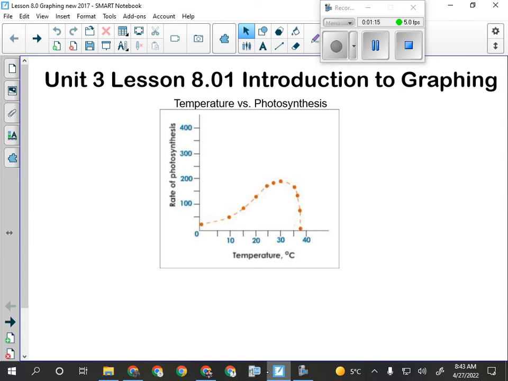So first off, it's got a title. It says temperature versus photosynthesis. So I know this graph is talking about the effect of temperature on the rate of photosynthesis. And then with just a quick look at the graph, I can see that photosynthesis increases with temperature until we get to about 30 degrees or so, and then it just falls right off.